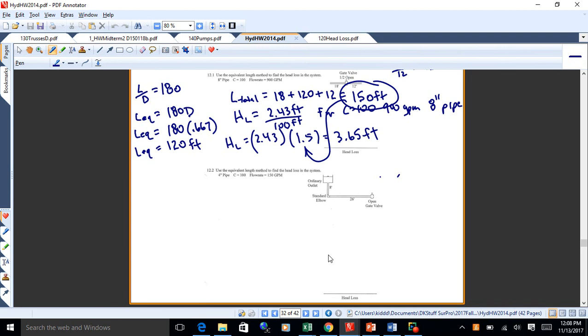Okay, now what you do on 12.2 is you add up the equivalent lengths, which is 32. Okay. Then you add that to the lengths of the pipes. Isn't that what the length of the pipes is? No, mine was 32 when I added up the equivalent lengths. I remember, let's see. Yeah, I know.